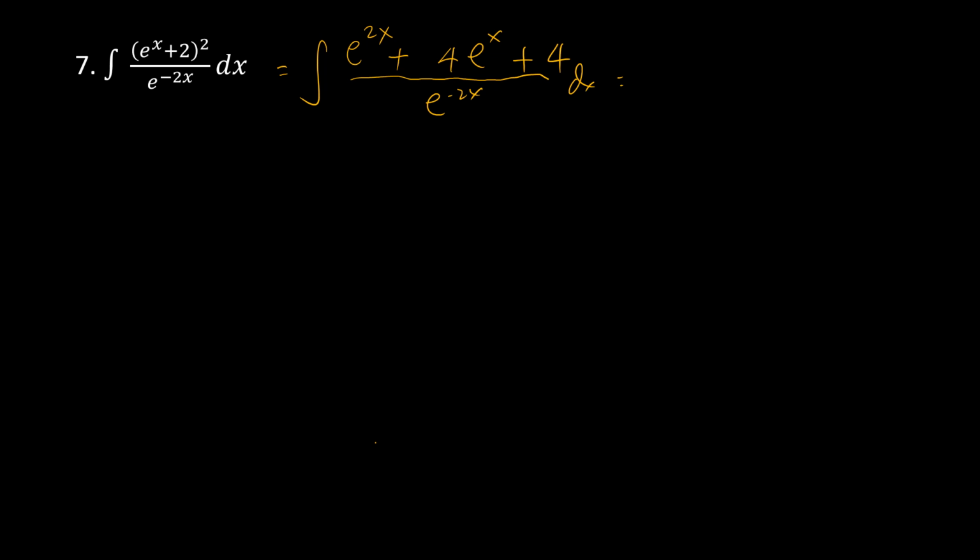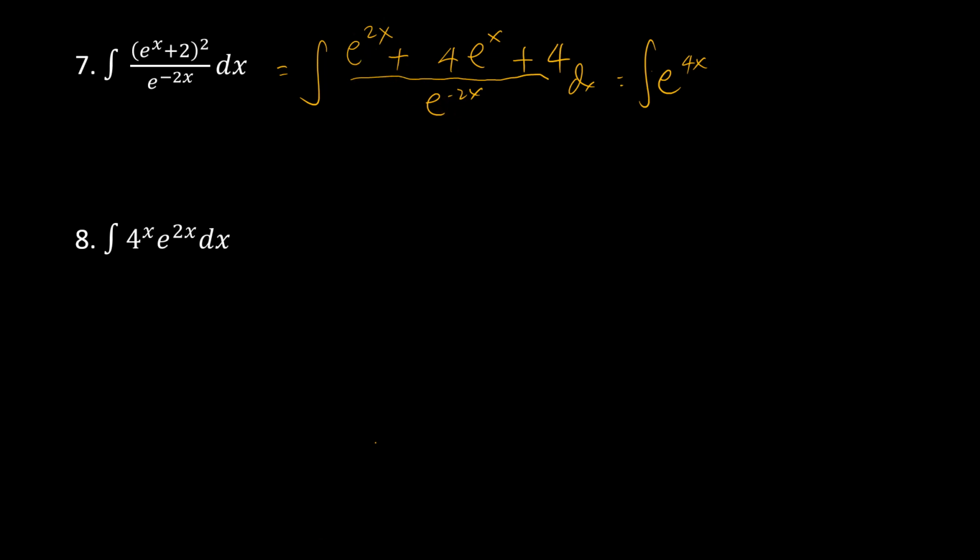So that will be equivalent to e raised to 2x divided by e to the negative 2x, or e raised to 4x. E to the minus 2x goes up. It becomes e to the positive 2x multiplied by e to the 2x.